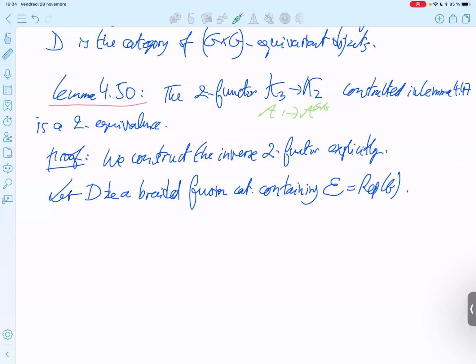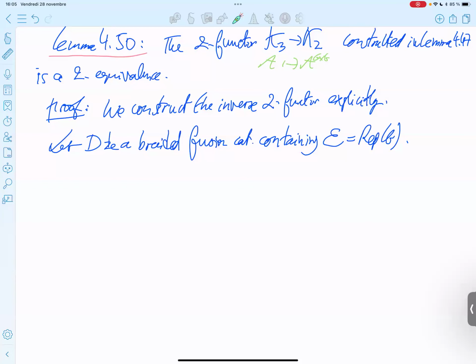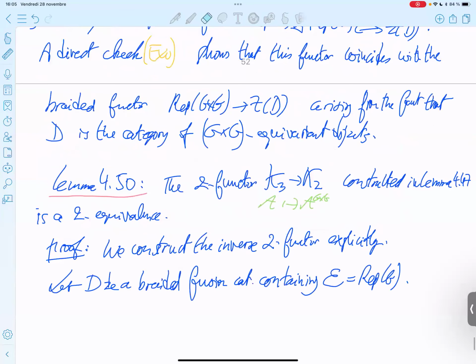I did not check the reference, so be careful about the reference here. It is strange.